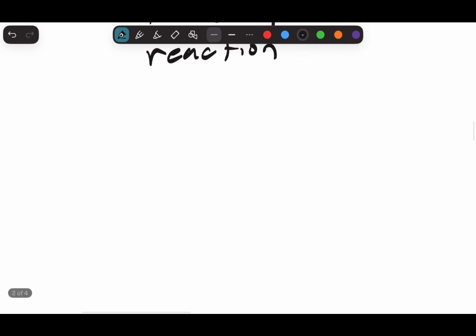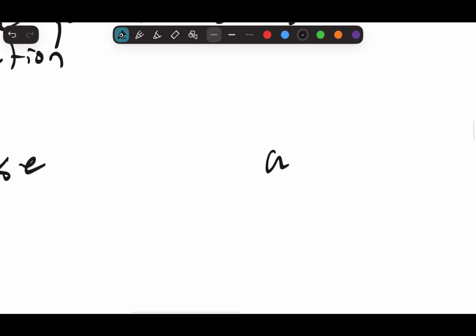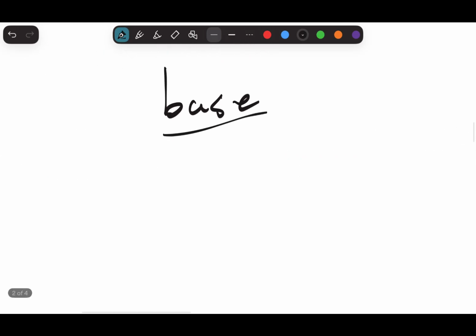So a Lewis base, I'm just going to write base, and Lewis acid. A base is electron rich.